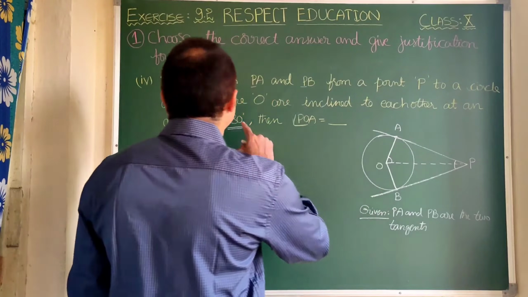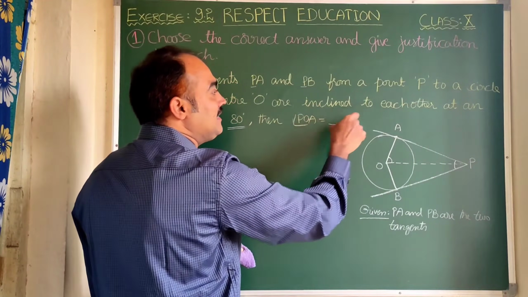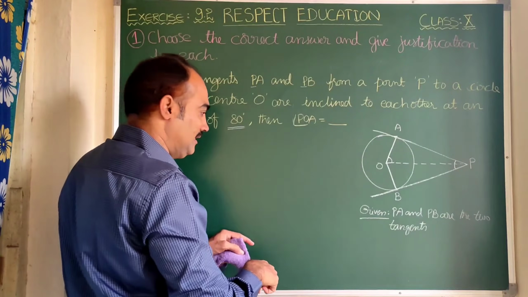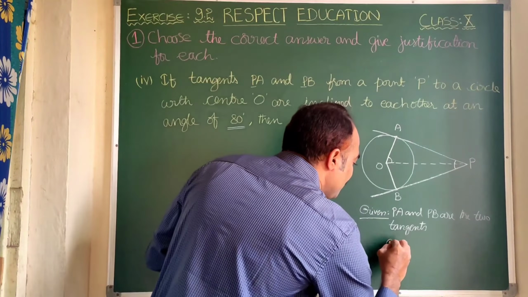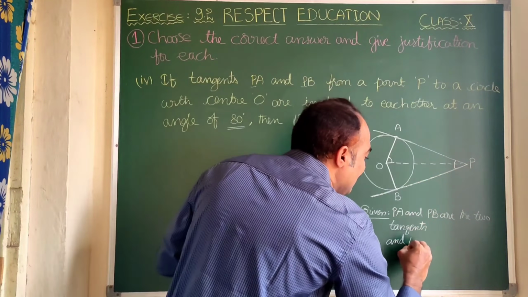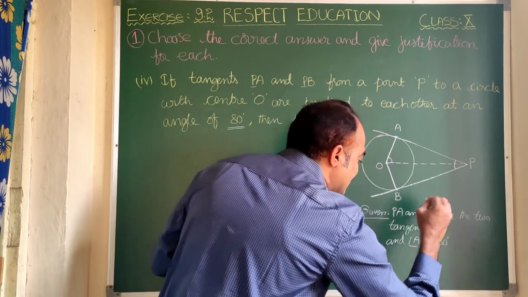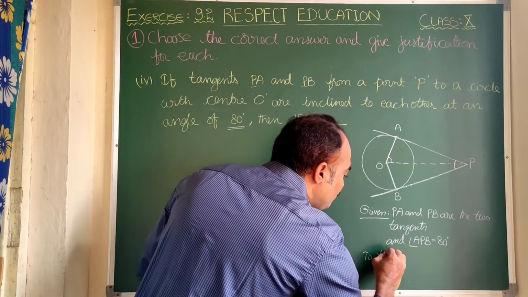That is the meaning: both the tangents are inclined to each other at an angle of 80 degrees. The meaning is that both the tangents are inclined at 80 degrees, which means angle APB is equal to 80 degrees. Now what to find?